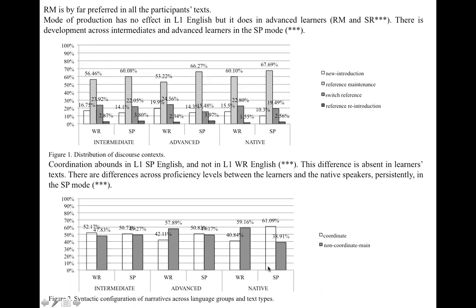But this difference is absent in the learner texts. There are differences across proficiency levels between the learners and the native speakers persistently in the spoken mode, because as we can see, the native speakers use much more coordination in the spoken text compared to the written texts.